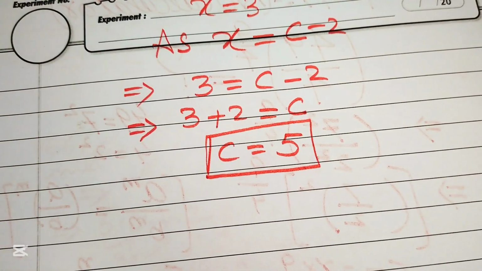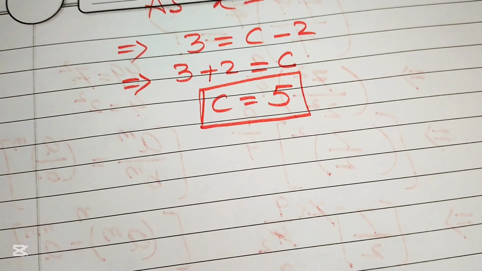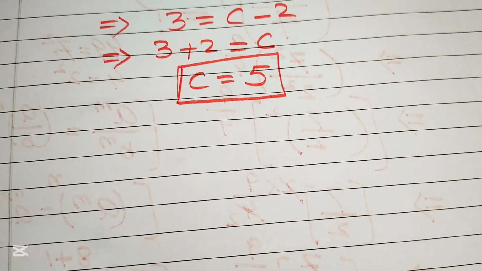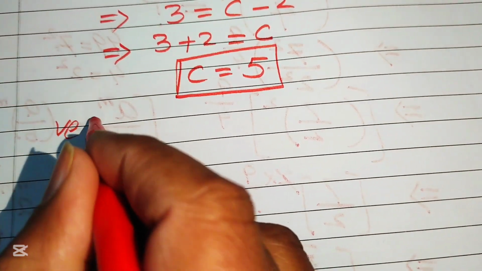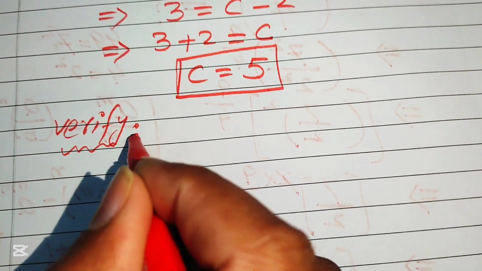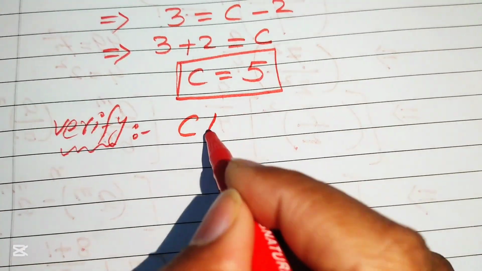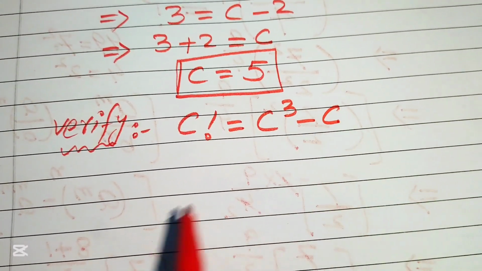Now we need to verify this value. Does this value of c satisfy our given question statement or not? In order to verify, we copy down the given question statement: c factorial equals c cubed minus c.